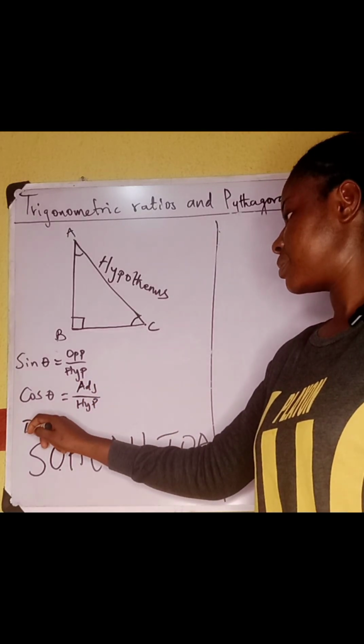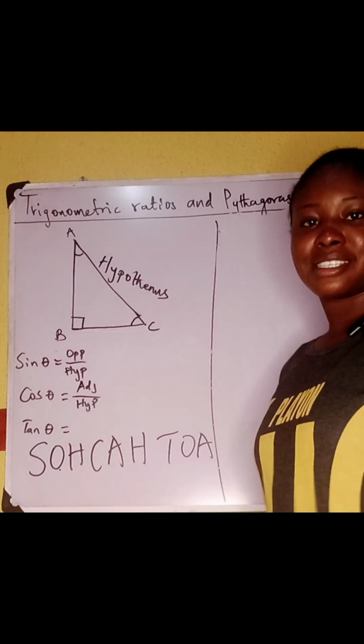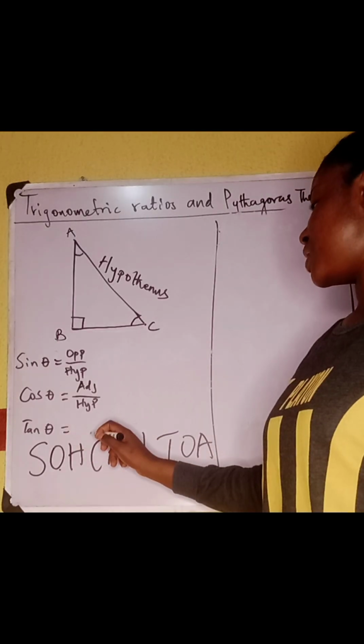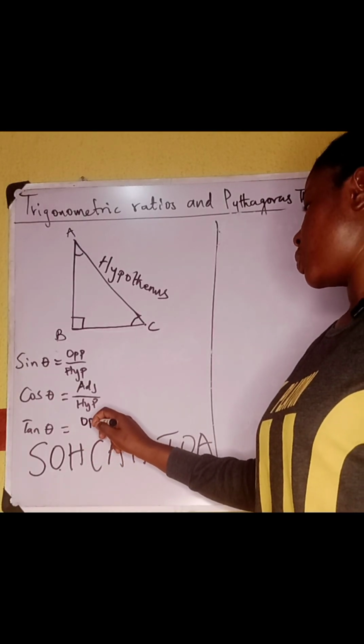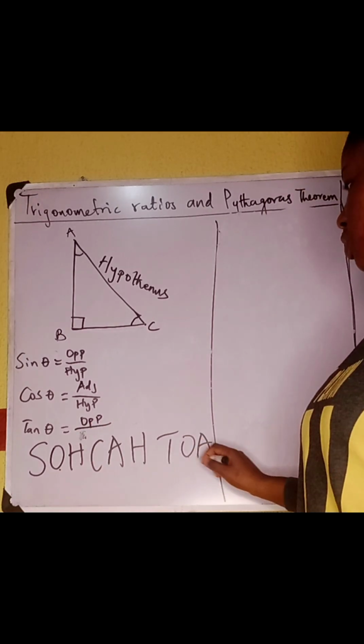Then the tan, that's the tangent of any angle. So cos is like saying cosine, but we use cos as short form. The tangent of any angle is equal to opposite over adjacent.